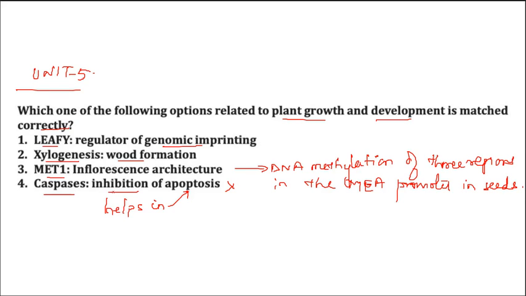Next, xylogenesis is wood formation. This is perfectly correct. Okay, the xylem will ultimately help in the formation of wood, and this is known as xylogenesis. And leafy is a floral meristem identity gene. They have no role in genomic imprinting. Okay, so here B is the correct answer.